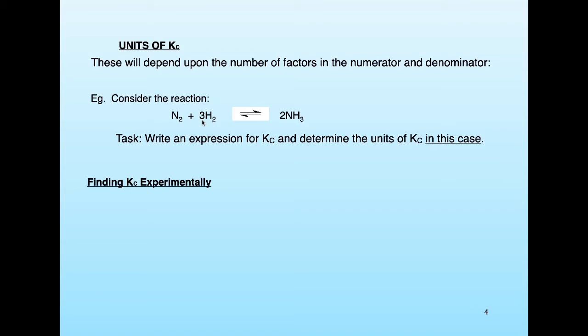This leaves 2 residual lots of units in the denominator. So the units here will be moles to the minus 2 decimeters to the power of 6. Now, if that's confusing to you, we'll come back to how to calculate it. But have a little go, just to make sure that you can see that.